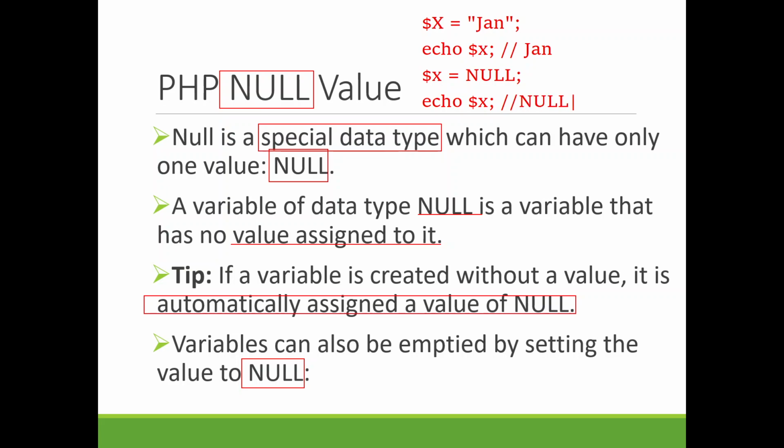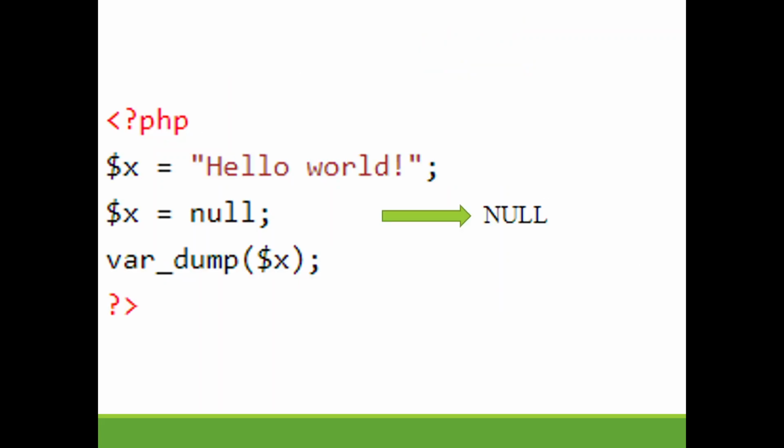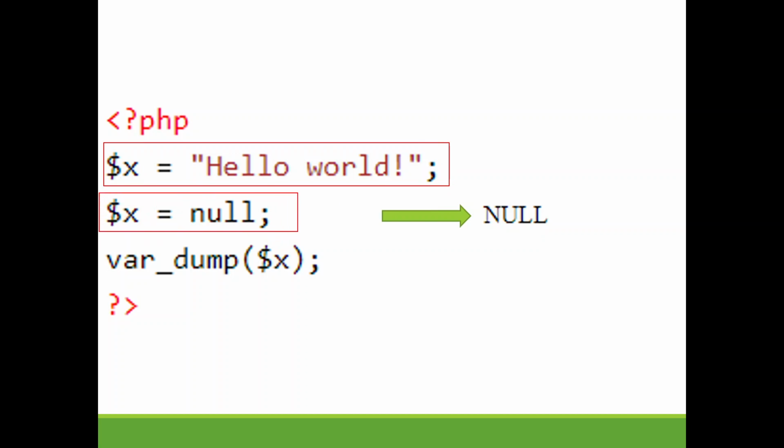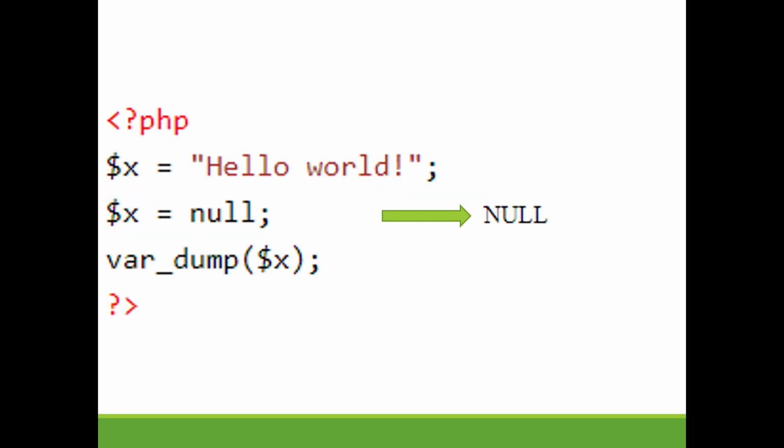Null means I don't have anything inside me. So that is the null value. This is just an example, almost the same as the one I've given. You assign a variable the value null, then it's just going to print null. It doesn't have a value in it, so just the data type now.